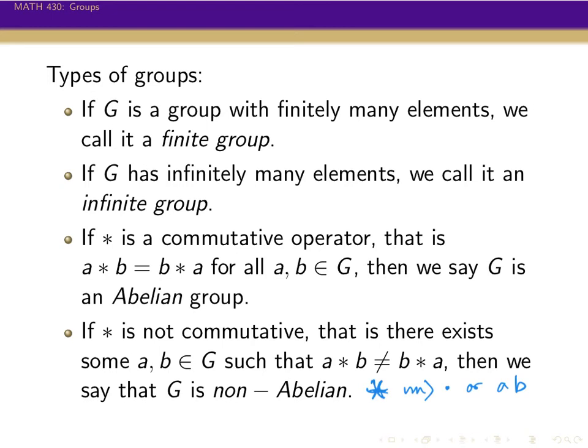So we're just going to think of the operator as being multiplication. And that fits into, if you think about multiplication on different types of sets as an operator, sometimes it's abelian, like with the integers or rational numbers or real numbers, and sometimes it's not, like with matrices. And so that idea of multiplication fits into this generality.